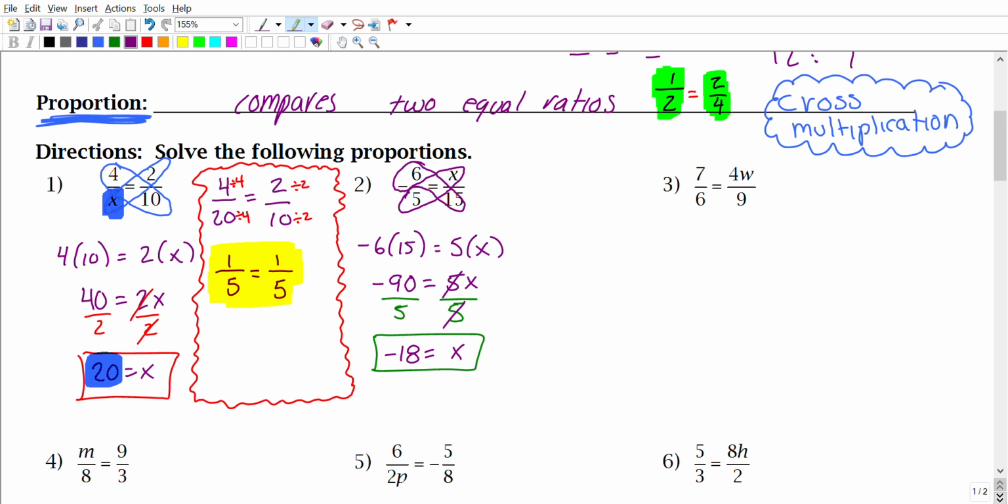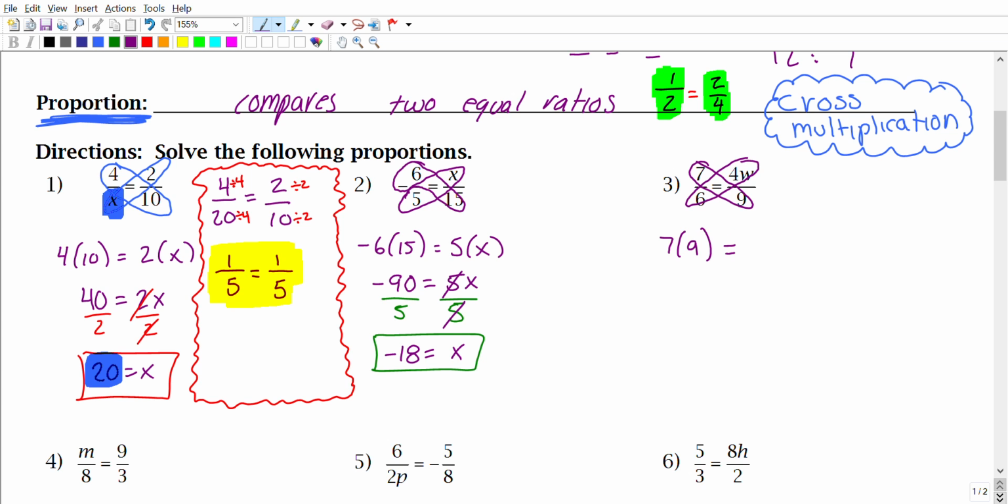So once again, we're going to cross multiply. So I'm going to go ahead and multiply the 6 with the 4w and the 7 with the 9. Now remember, guys, how you set this up when you cross multiply is very important. A lot of you guys might try to do this, 7 times 9, and won't know what to put here. It's always an equal sign, guys.